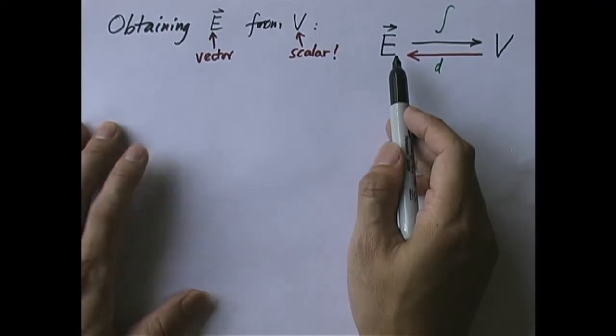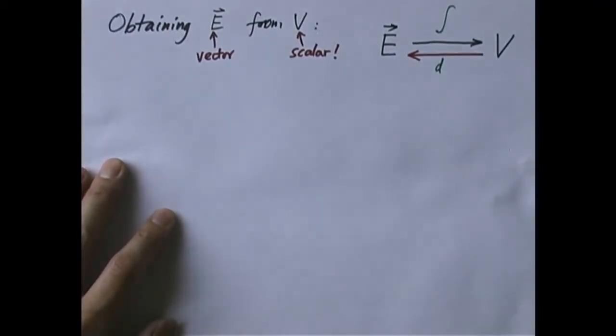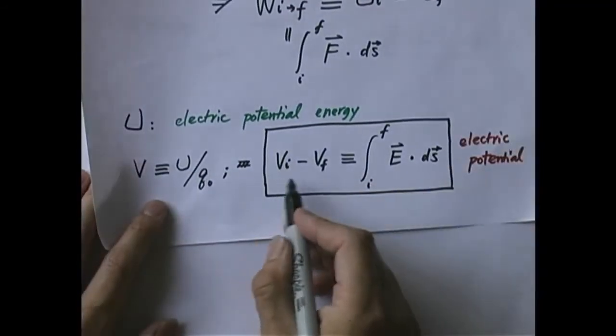Let's see how one might do that. Let's first look at the one-dimensional case. Look at the general expression first. Here is the general expression. Let's recall, V initial minus V final.